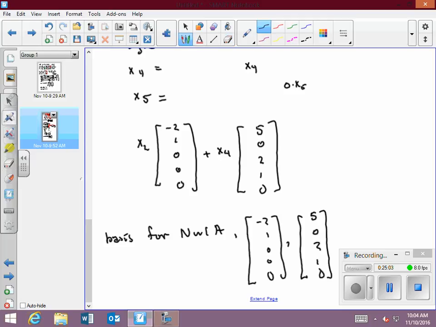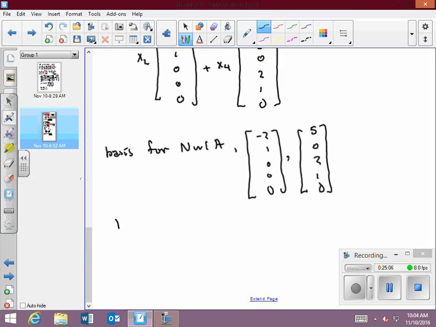Those are the basis vectors, and the dimension of null A equals 2.